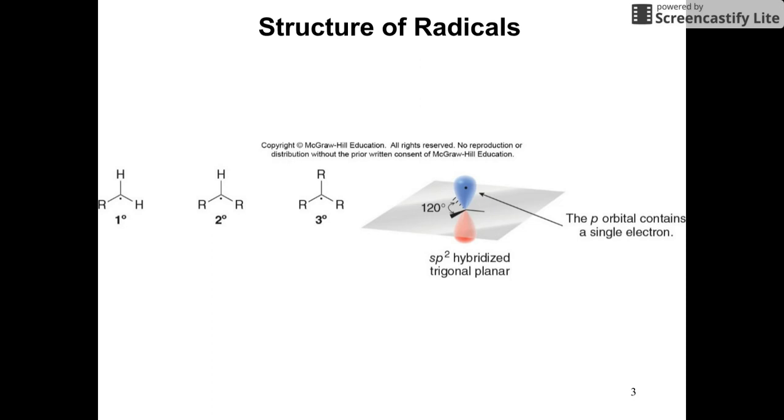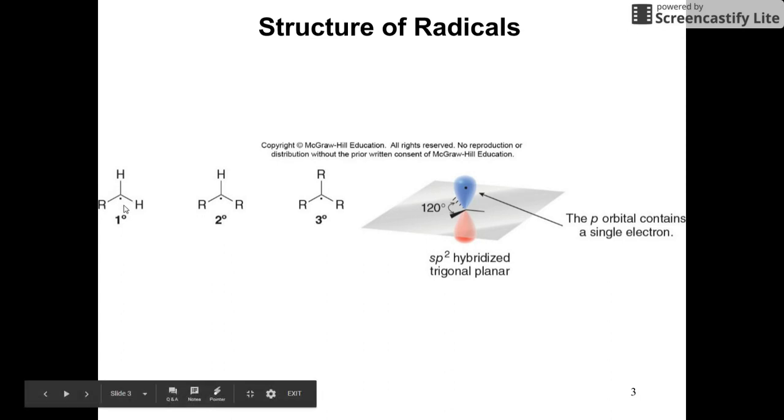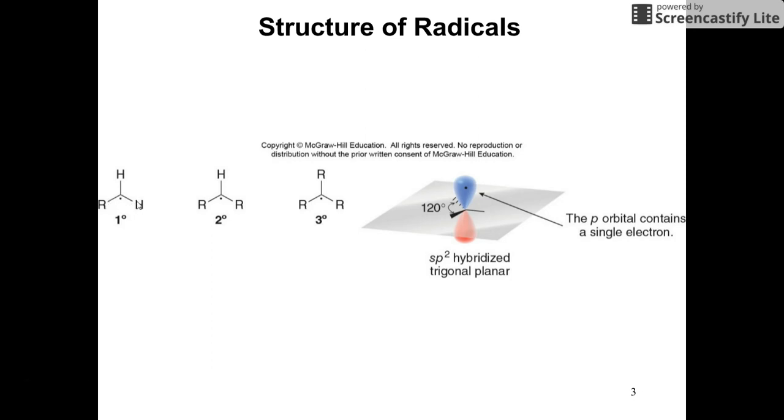The way you can think about it is that these are trigonal planar structures with an sp2 hybridization, and that unpaired electron is sitting in the p orbital that is not hybridized. The hybrid orbitals, which are shown here, create the bonds, and the p orbital is where that radical is going to reside.